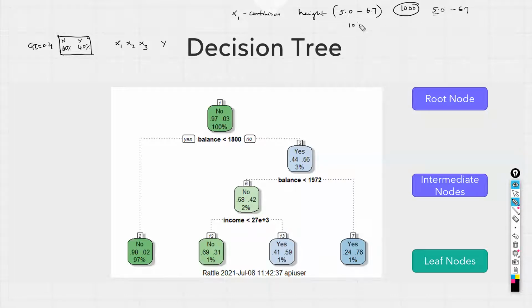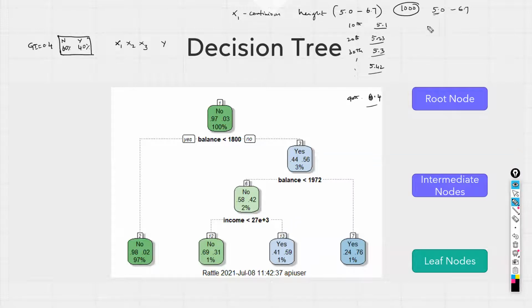What is the 10th percentile? What is the 20th percentile? What is the 30th percentile? All the way up to the 90th percentile. So let's say the 10th percentile is 5.1, the 20th percentile is 5.23, the 30th percentile is 5.3, the 40th percentile is 5.42, and the 90th percentile is 6.4. Now these values become our split criteria for this variable.